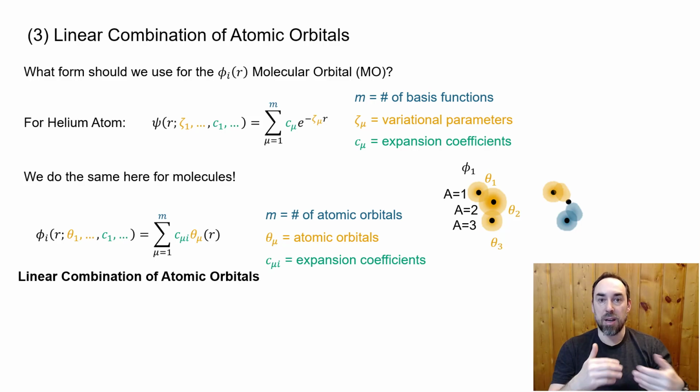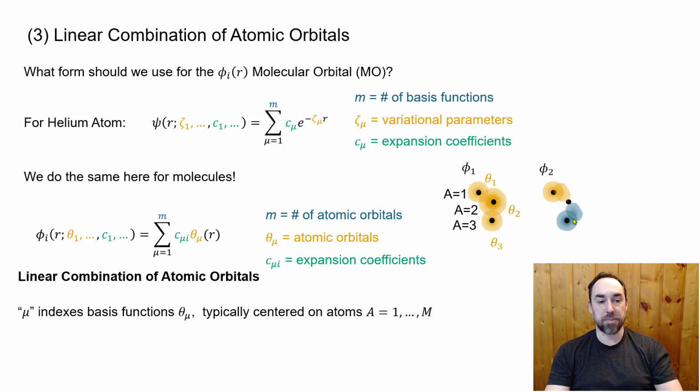These c mu i don't have to be positive. They can be positive and negative. So I can change the sign and mix these atomic orbitals in the way that is convenient. So we formed a different molecular orbital phi 2. And then we're going to put the electrons in these molecular orbitals.